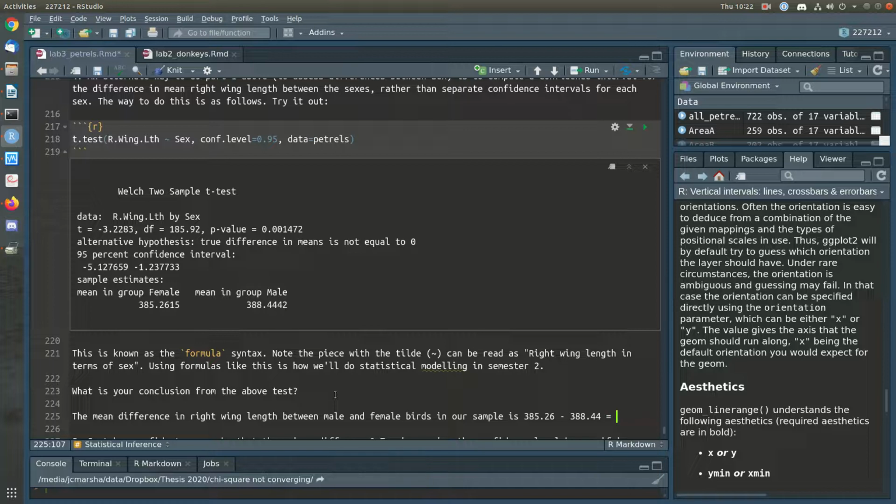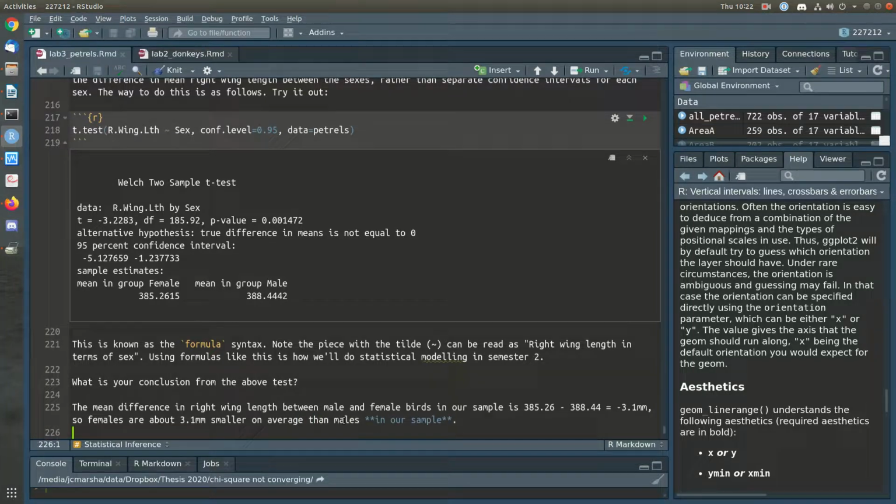Minus 3.1, isn't it? Right, females minus males. So females are about 3.1 millimeters smaller on average than males in our sample.